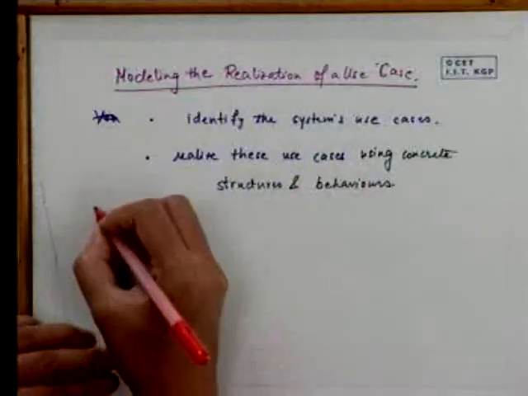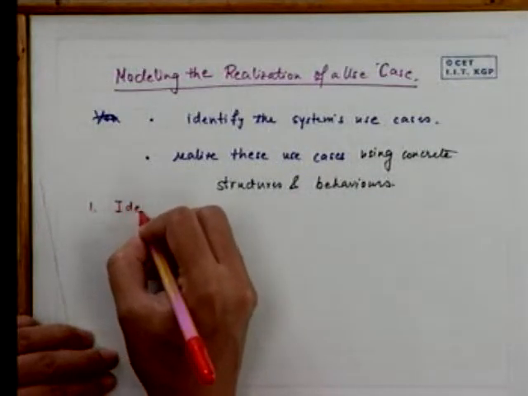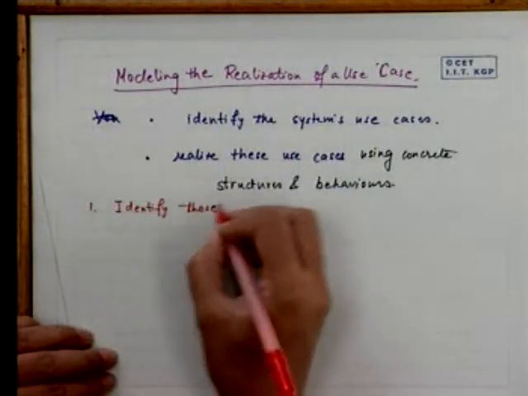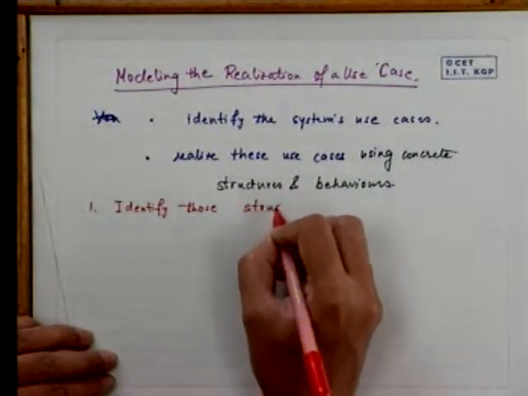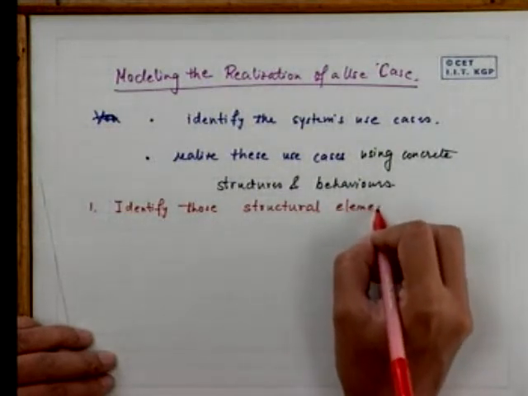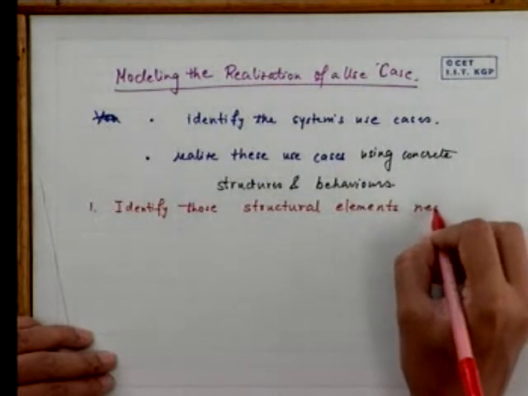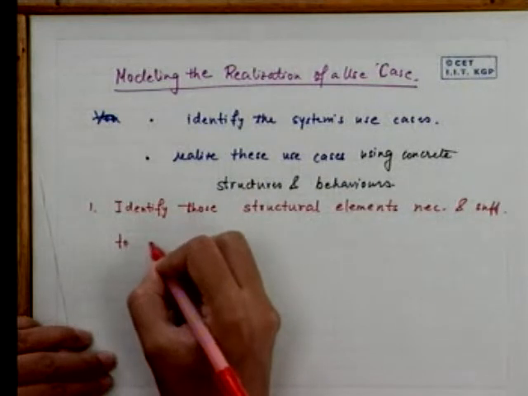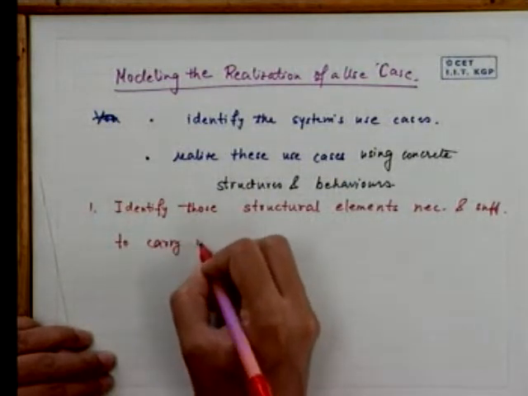And now we will show the steps for modeling the realization of a use case. Firstly, you identify those structural elements that are necessary and sufficient to carry out the semantics of the use case.